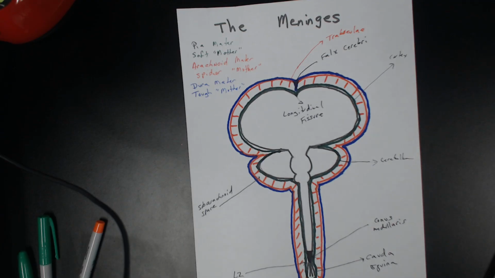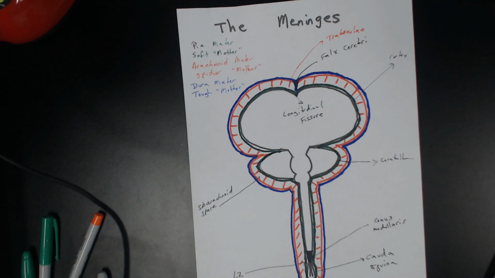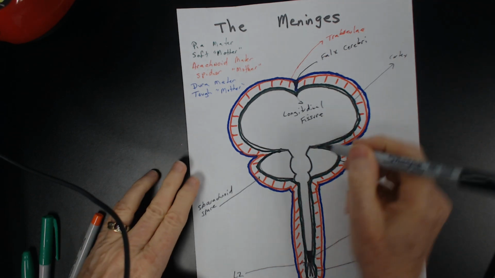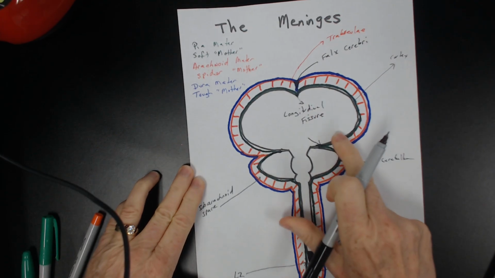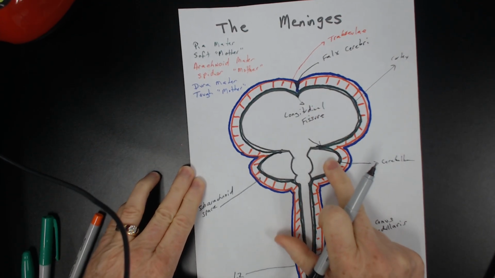And then there's also another fissure that we haven't talked about yet. We talked about the lateral fissure around the temporal lobe, that thumb of the boxing glove. But there's another fissure, right here, that's the separation of the cortex from the cerebellum.